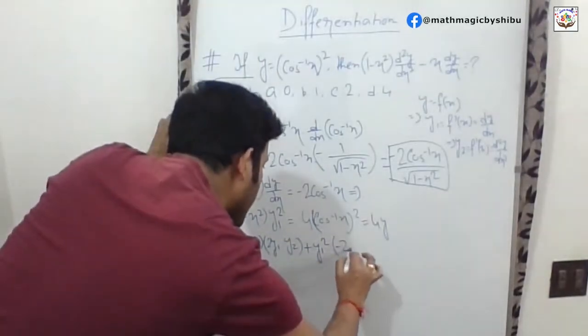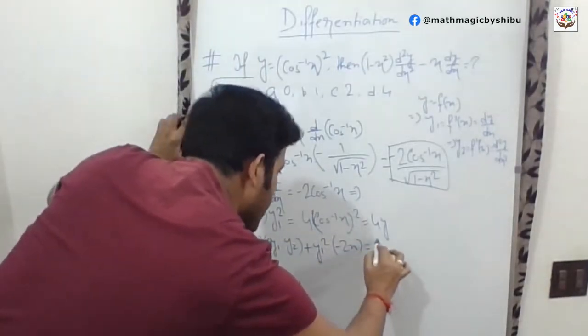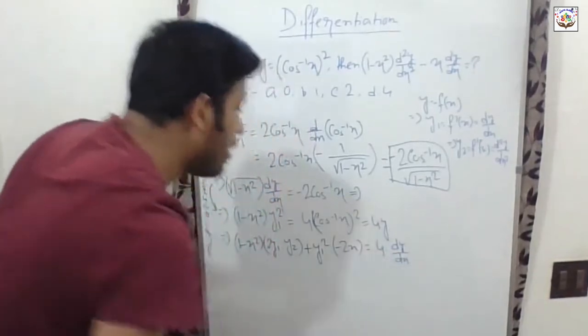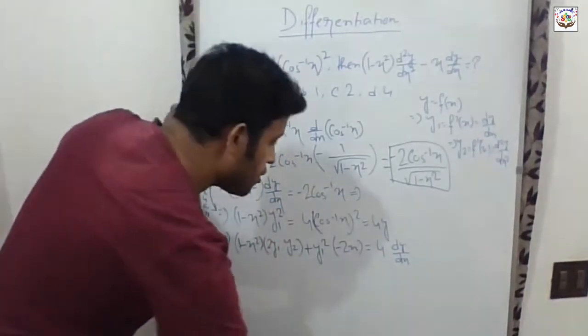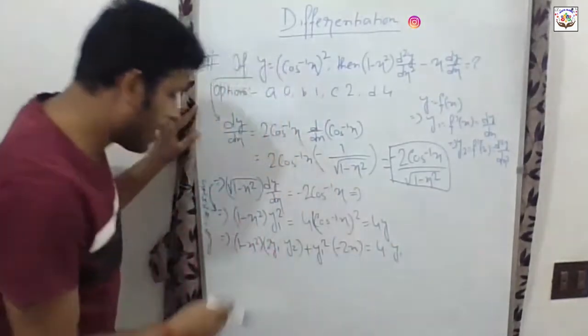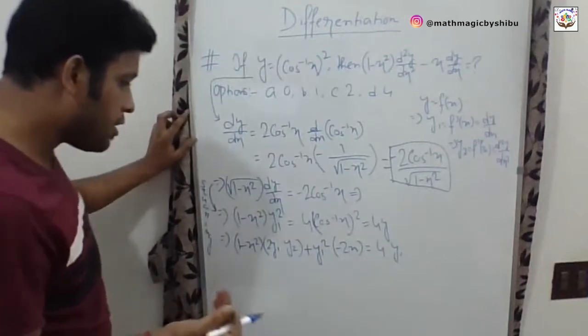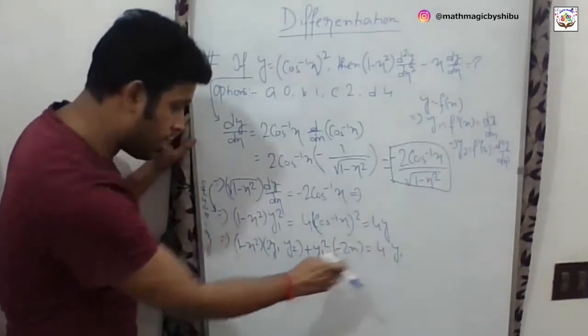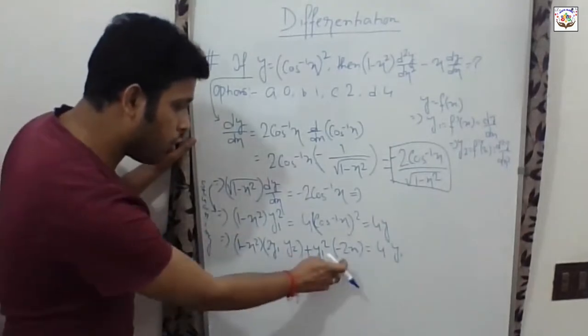Here the differentiation of 4y would be 4 into dy dx, as 4 is a constant term. Sorry, I will use y1 as the dy dx, so you do not get confused, right? So as you can see from these three parts, we have 2y1 common.